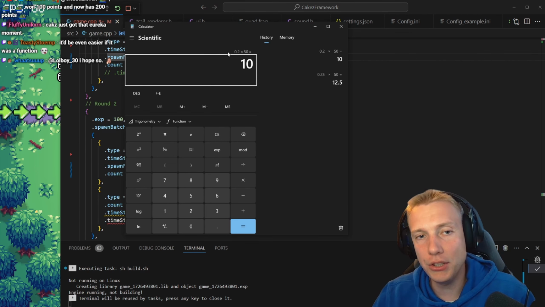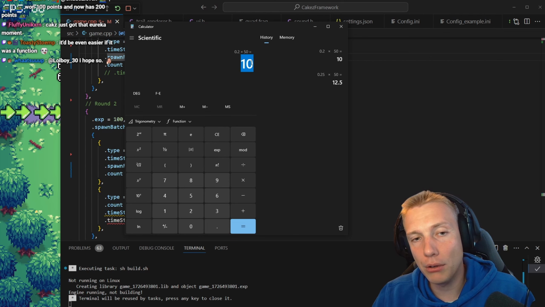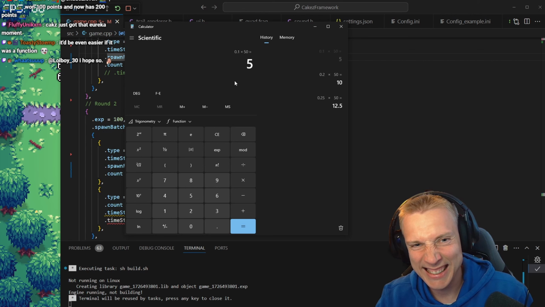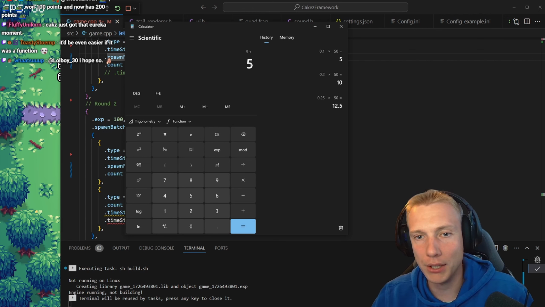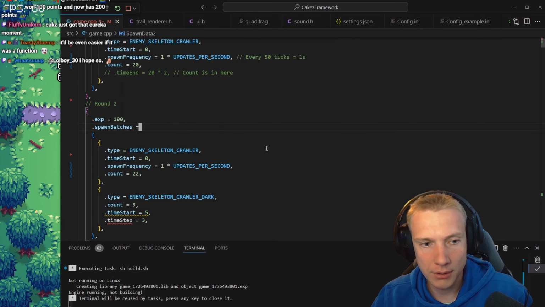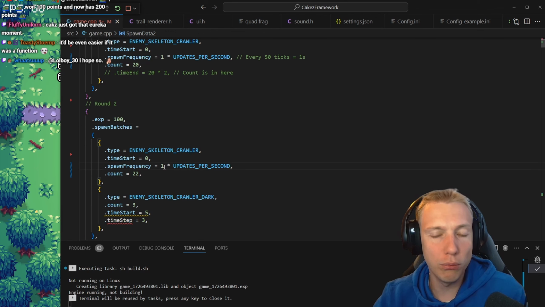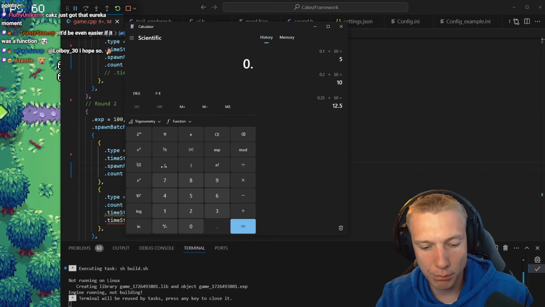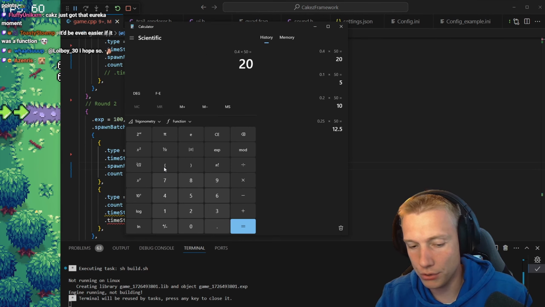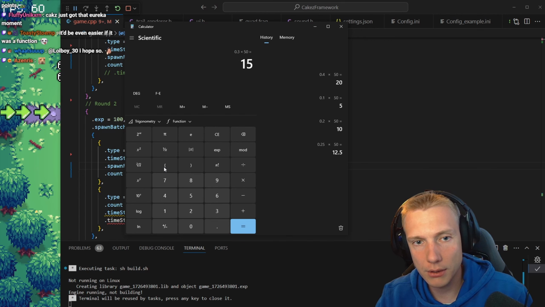So I can only multiply this by stuff that actually works. Some stuff works, but some stuff doesn't. So 0.2 works. 0.4 times 50? That works too. 0.3 times 50? That works too.